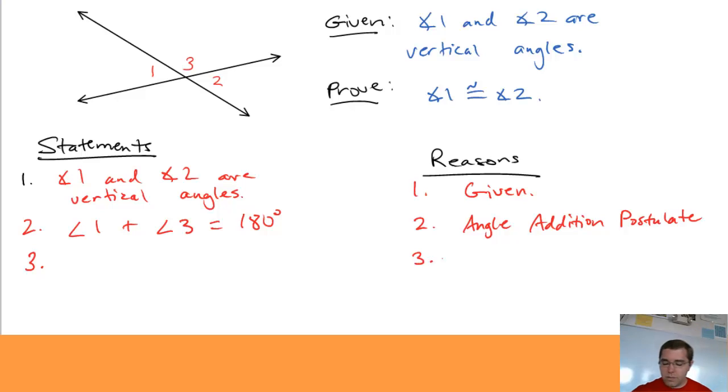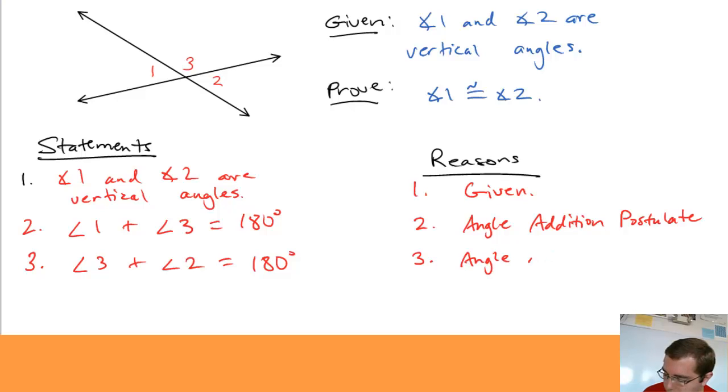Okay? Now angle 1 plus angle 3 add up to 180 degrees. But I have another pair that adds up to 180 degrees. Angle 3 plus angle 2 add up to 180 degrees. And for the same reason, the angle addition postulate.